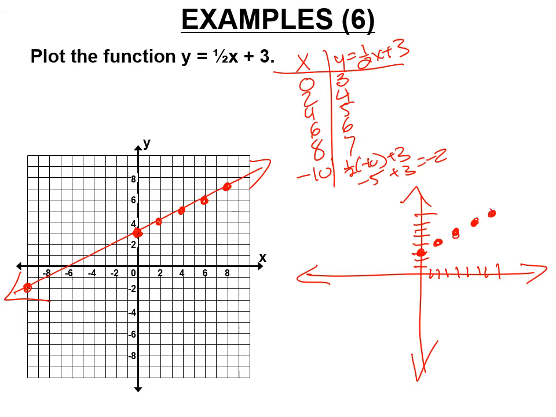For you to try to put (-10, -2), it's going to be a little trickier, because without the grid, it's not going to be quite as accurate. But you have the idea. That's the function, linear function, y equals 1/2 x plus 3.